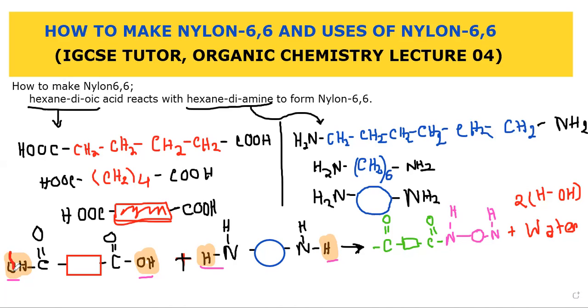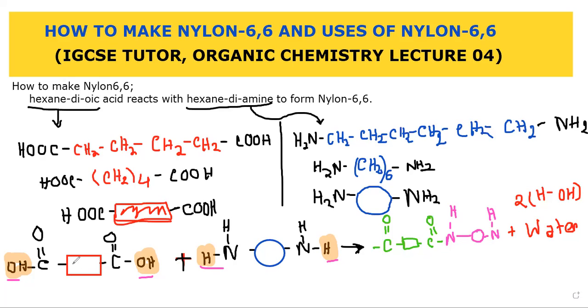We have removed all the OH, H, and H, and we have just joined up the remaining. This colorful compound is nylon, and the leftover products, that is 1H, 2H, and 2OH, make two droplets of water.